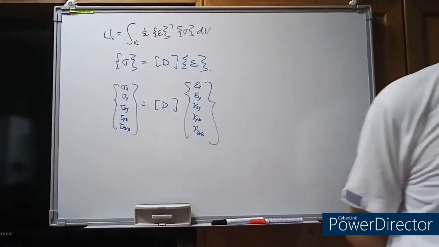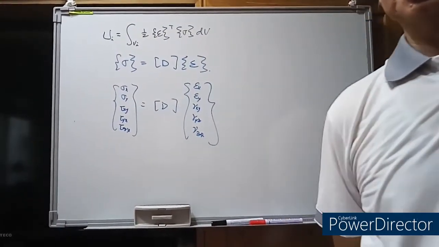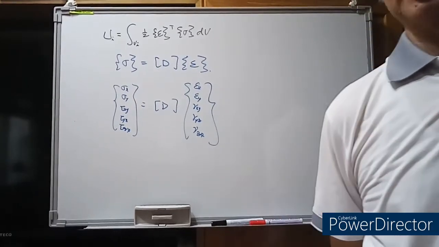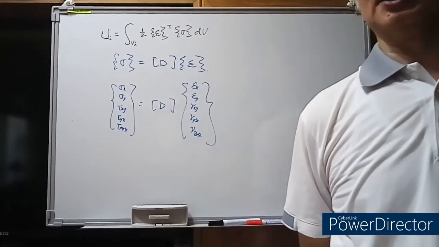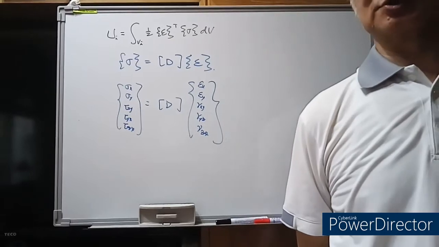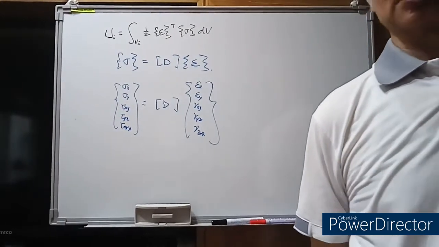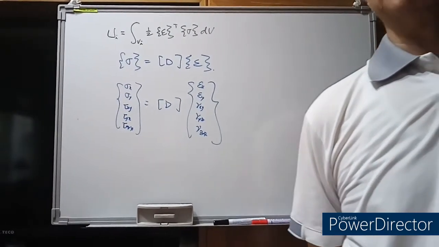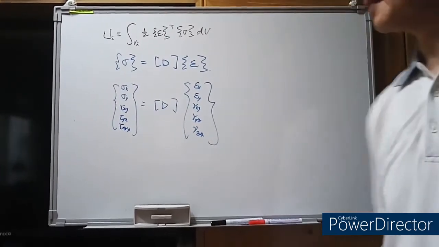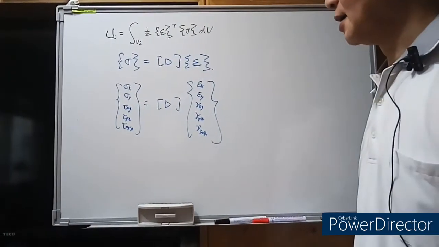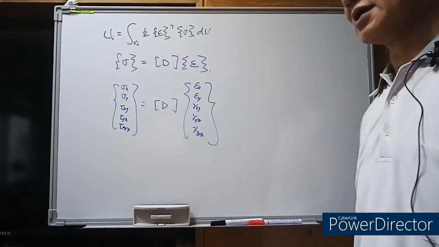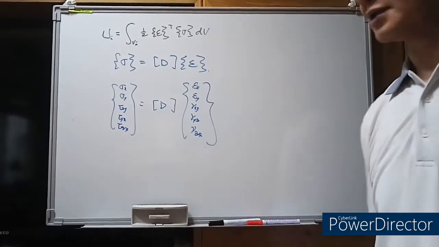For the plate bending element, actually it is similar to the plane stress element, since the epsilon z is close to 0, and the sigma z also can be neglected.